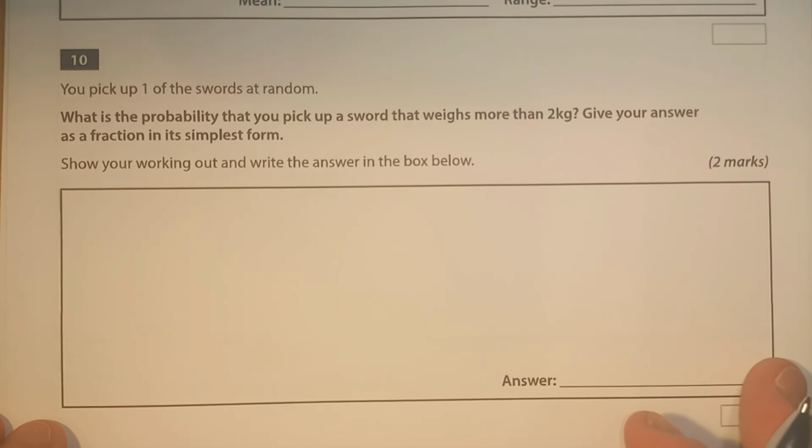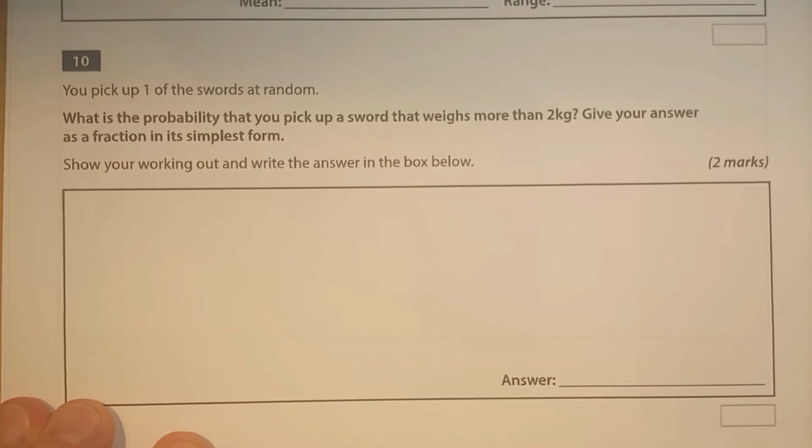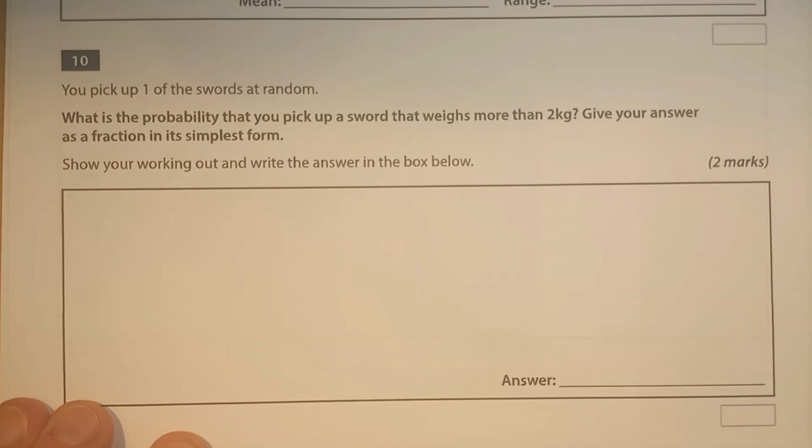Okay, question 10. You pick up one of the swords at random. What's the probability that you pick up a sword that weighs more than 2 kilograms? Give your answer as a fraction in its simplest form. Show your working out and write the answer in the box below.